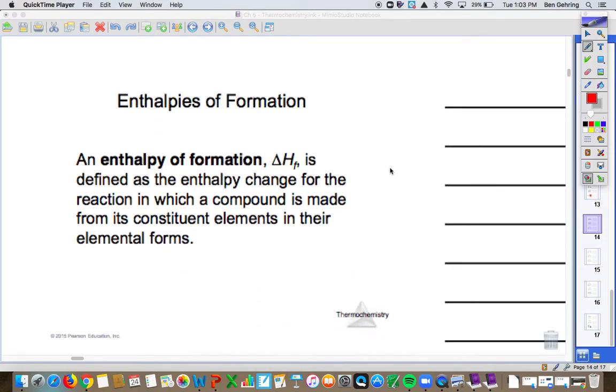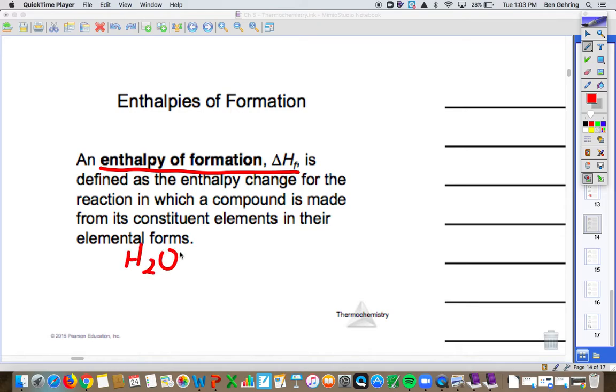Enthalpy of formation is something we can find in our textbook as different values. An enthalpy of formation is your enthalpy change for the reaction in which a compound is made from its constituent elements. So when your reaction elements come together to form a compound, that gives us our enthalpy of formation, or our delta H. For example, water is H2O.